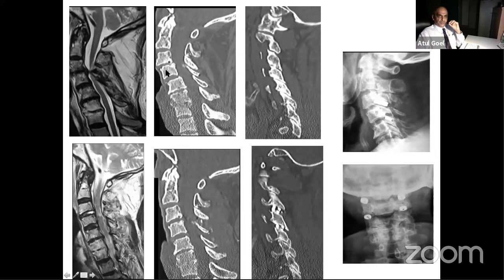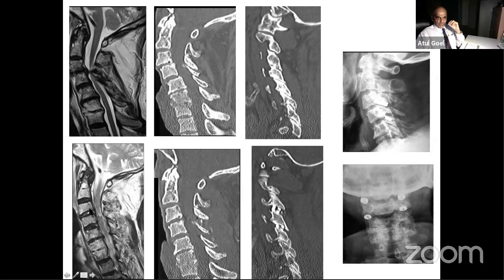Now you see this patient. There is a big osteophyte here, and there is compression of the cord. There is reduction in the joint space. And we have introduced these spacers in this joint and this joint. You see there is a spacer here and a spacer here.